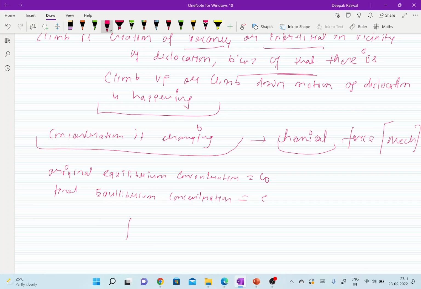We are just writing here that the chemical force, or the force required to have a climb motion, is equal to b k T divided by omega ln C by C naught.